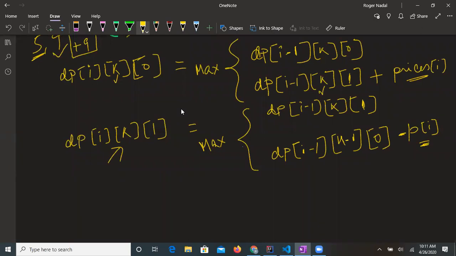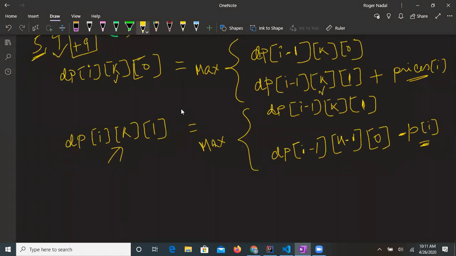Any question? Feel free to ask. So one means you are about to sell that stock, right? One means I am holding a stock in hand. I can sell it. Okay. And K minus 1, that means you sold that stock. I mean, you made one transaction. You had one stock, you sold it. So one transaction you reduced.